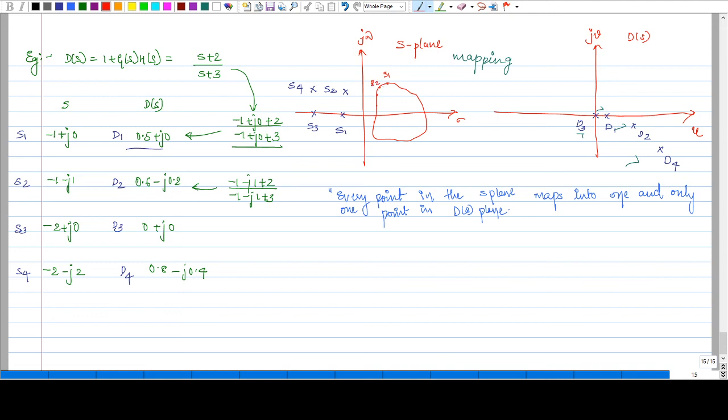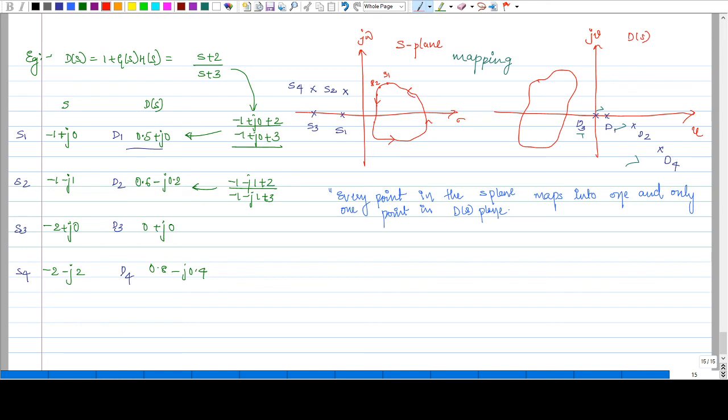Now each point on the contour will correspond to some other point on D of S plane, and that will also give rise to a contour. It's some arbitrary contour. Okay, so in the anti-clockwise direction, I've taken a contour.